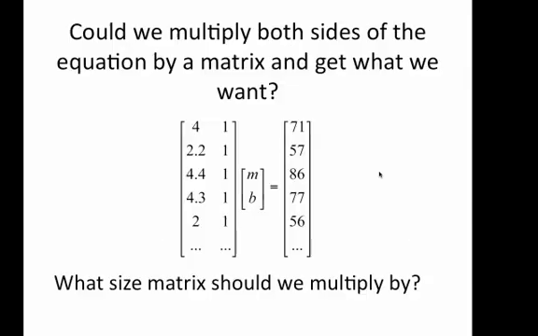Well, could we multiply both sides of the matrix equation we've got here by a certain matrix and get what we want? Let's see, we've got a 20 by 2 for our coefficient matrix, and we'd like it to be a 2 by 2.